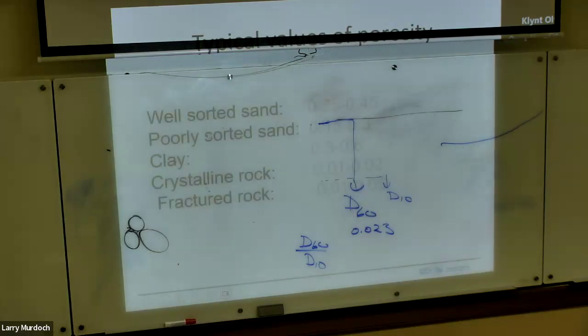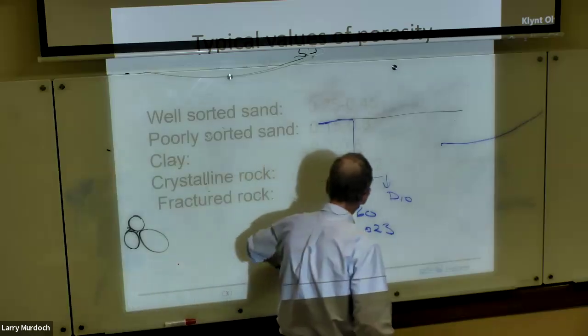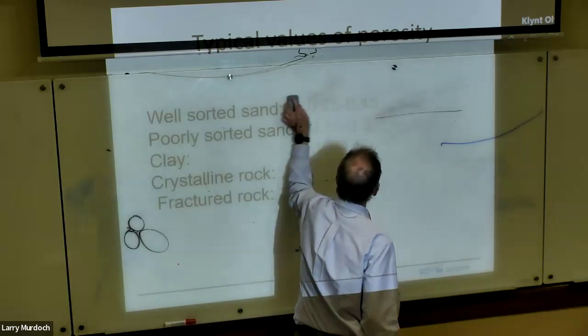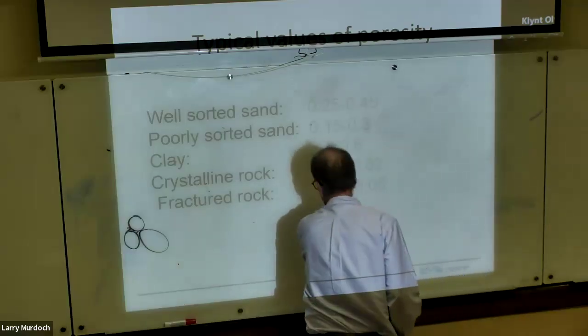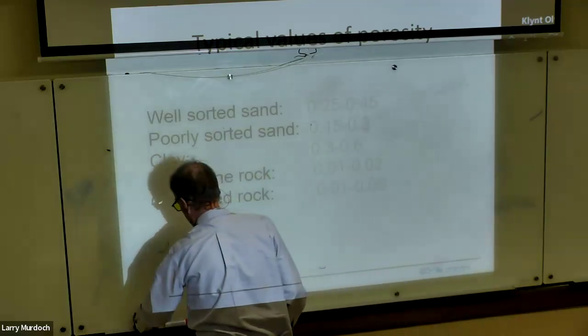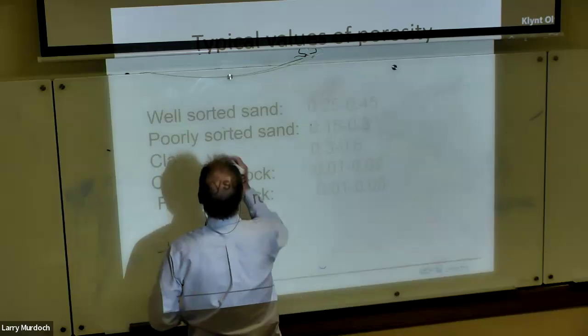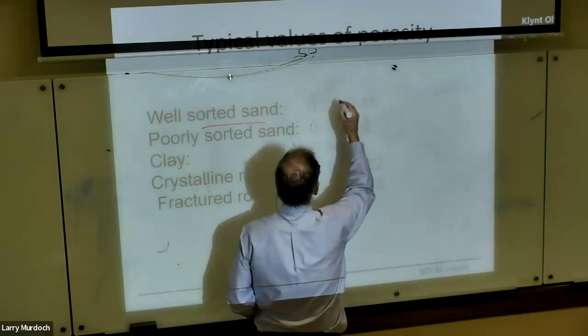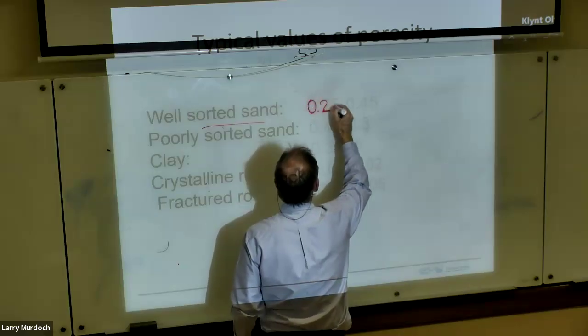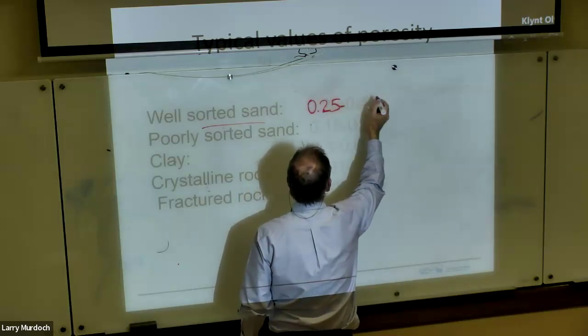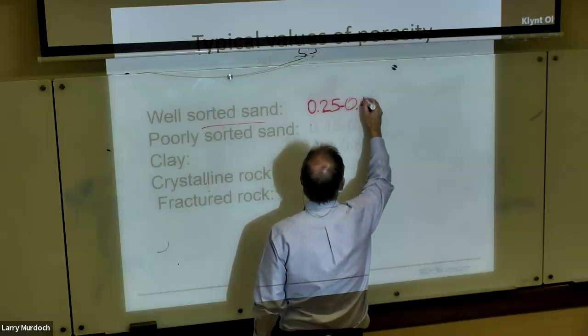So here are some ranges that I think would be good to put in your working knowledge. Well sorted sand, we saw sorting. So here's the range, 0.25 to 0.45.